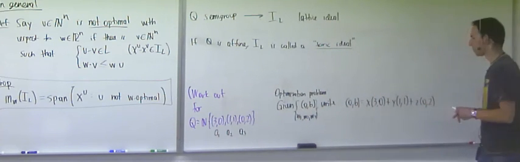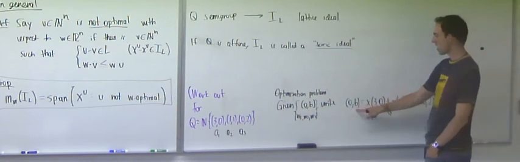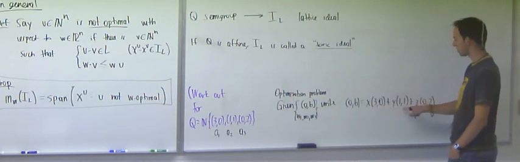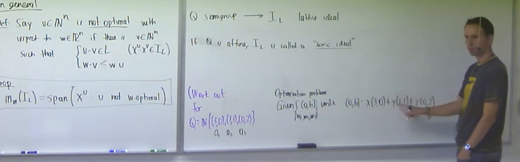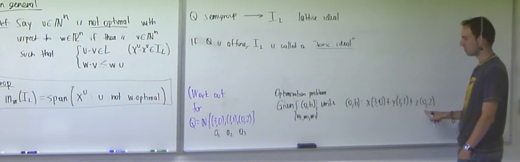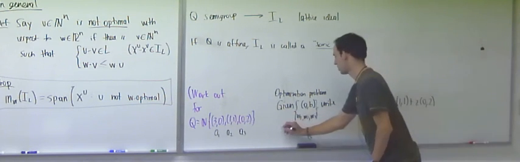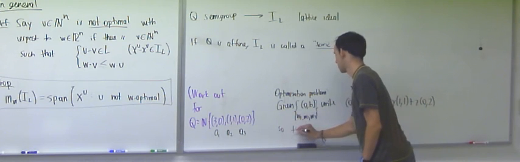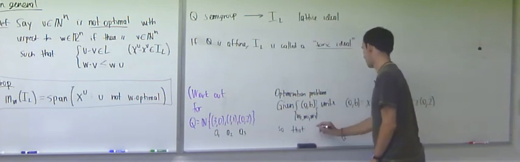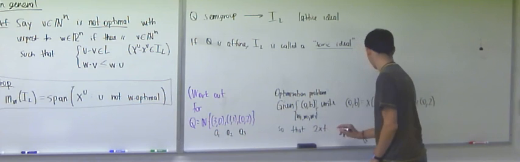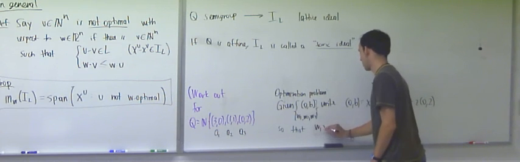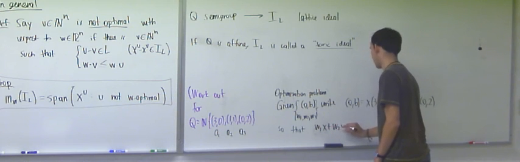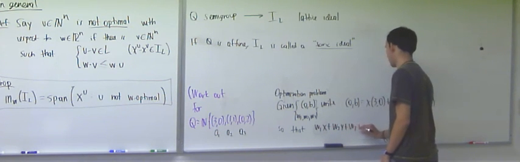Okay? The question is, how can you write a comma b as a combination of these 3 guys, but this costs you 2, this costs you 1, and this costs you 7? So that w1 x plus w2 y plus w3 z is minimum.